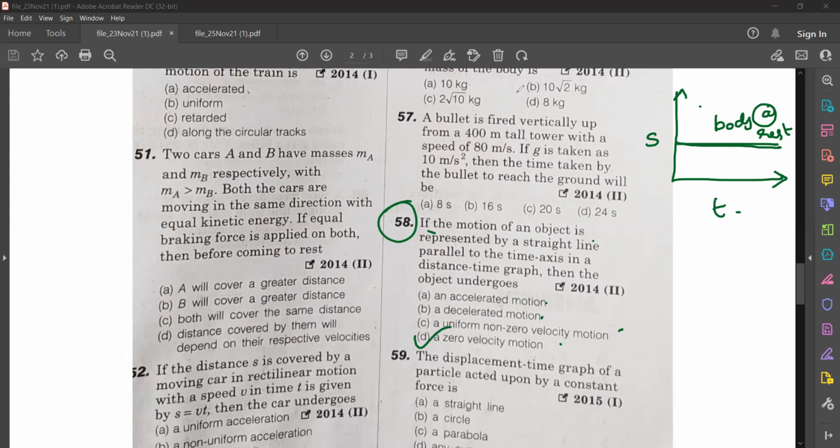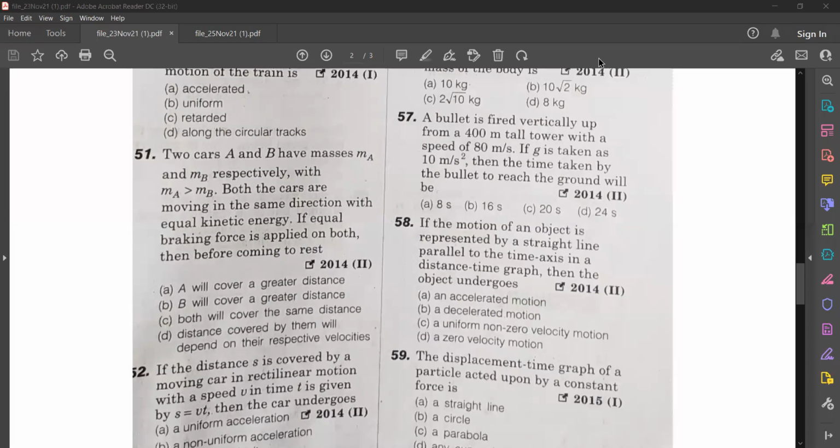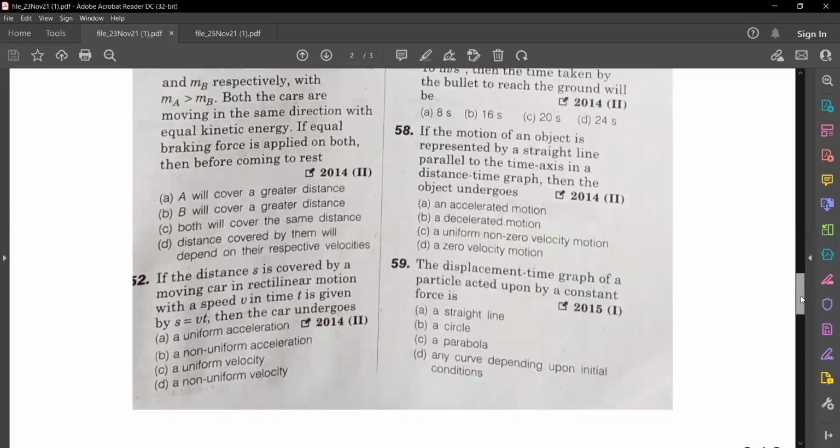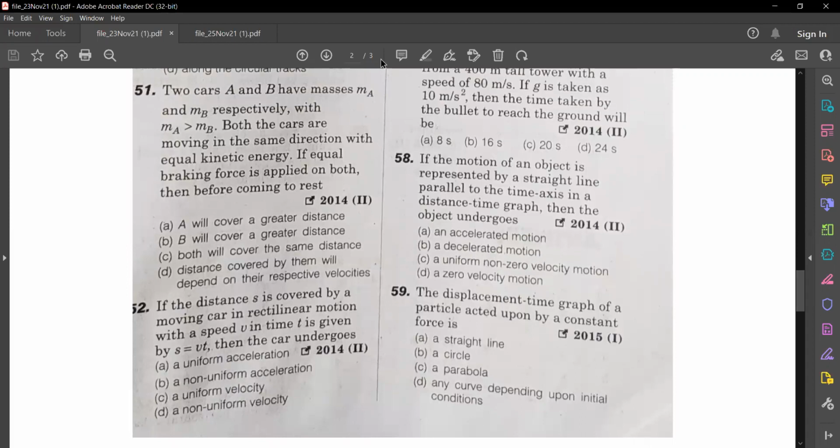Now going to the next question. Question number 59. Displacement time graph of a particle acted upon by a constant force is a: straight line, circle, parabola, any curve depending upon initial conditions. I want all of you to check what graph you will get here.